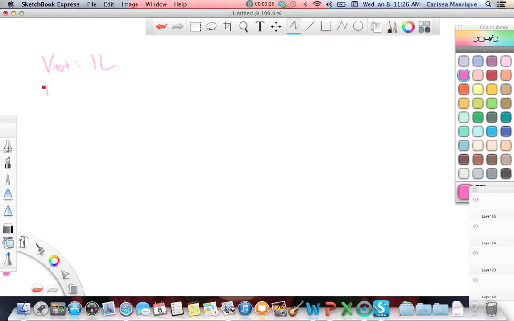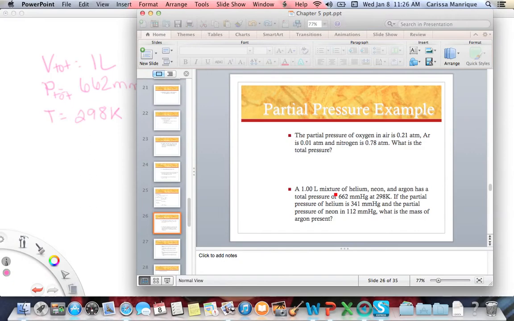Let's see, it gave us a pressure. Here it is: 662 millimeters of mercury, and that's the total pressure. And then the temperature was 298 K. So let me show you where I got those numbers.